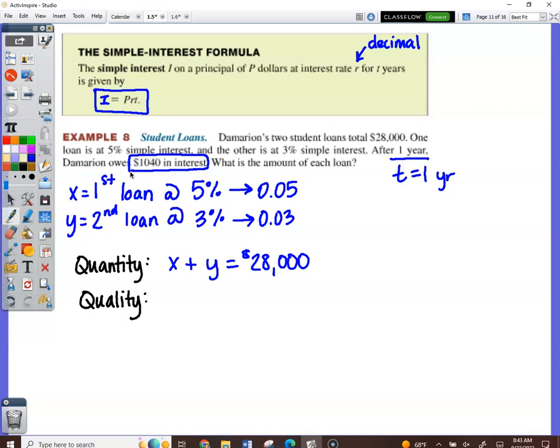Okay? So the $1,040 is the total amount of money in interest that has accrued. And that came from a 5% rate on loan X, and add a 3% rate on loan Y.